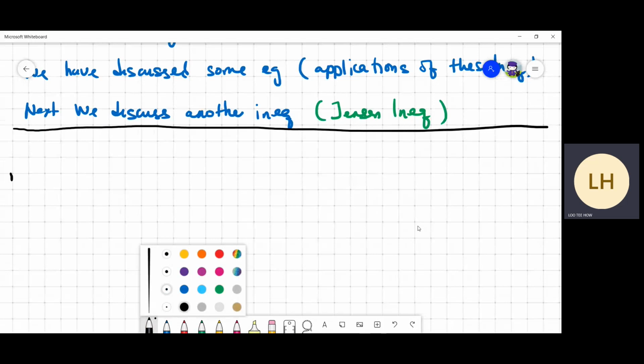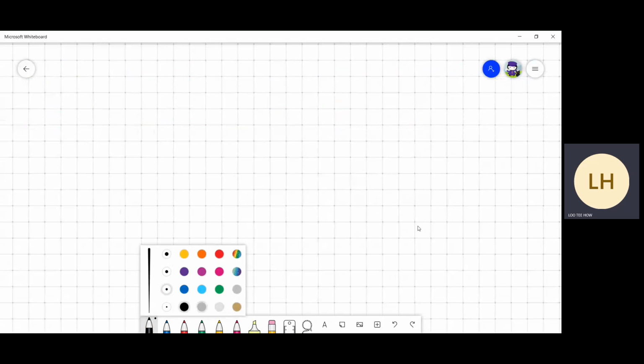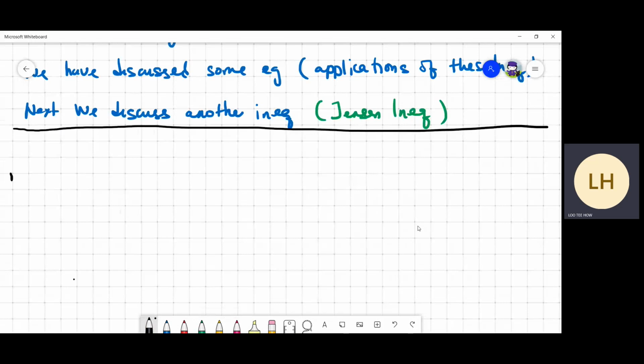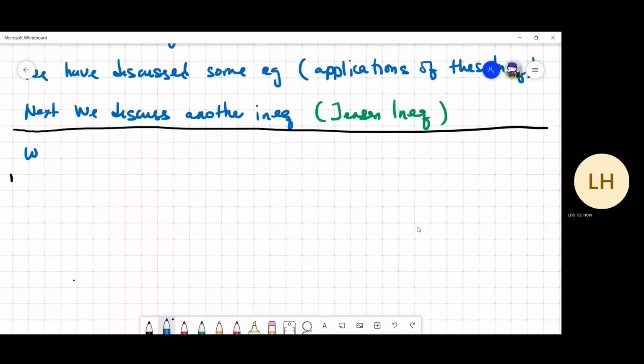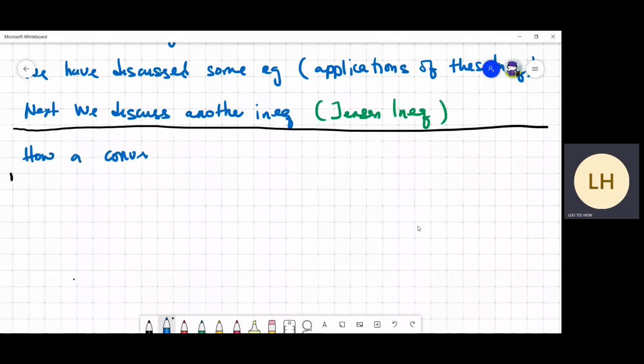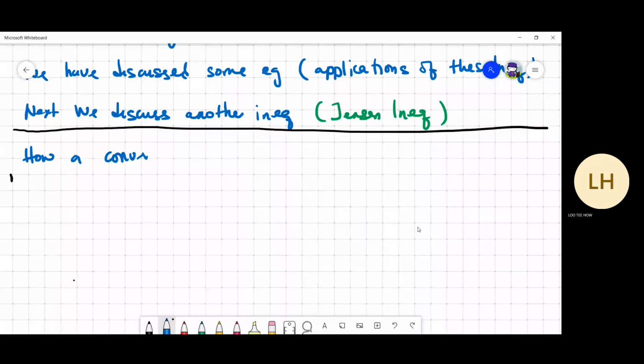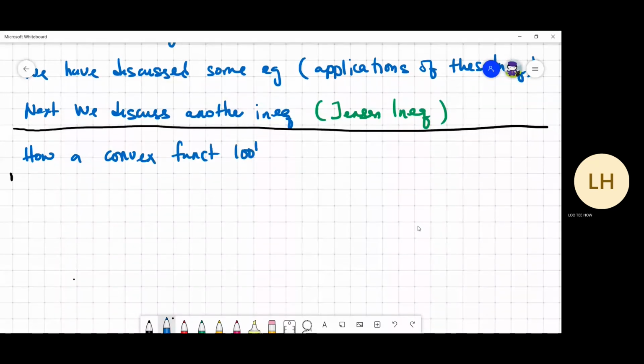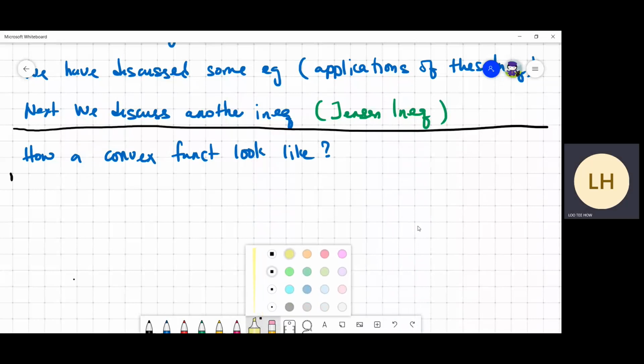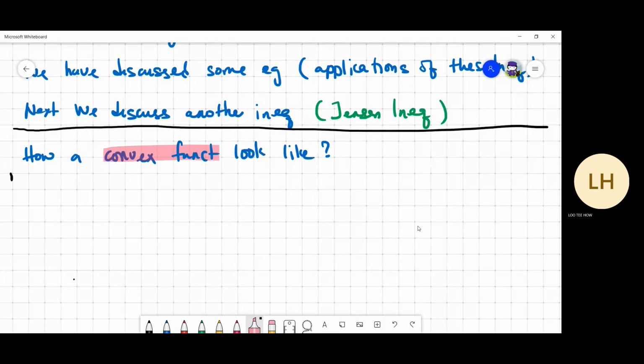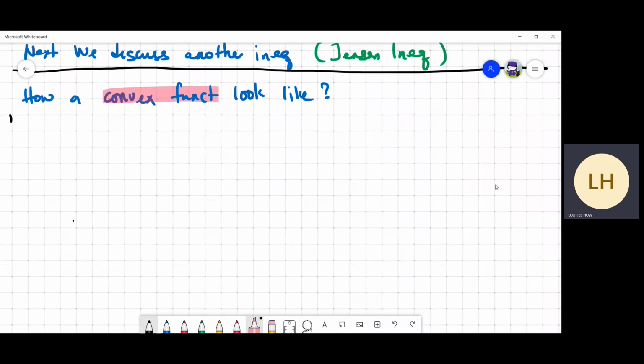Here I just give you the geometric interpretation for what is meant by a convex function. So what is a convex function? Or maybe I should say, how does a convex function look like? Graphically, it will be like this.